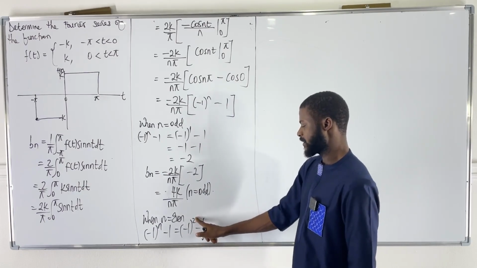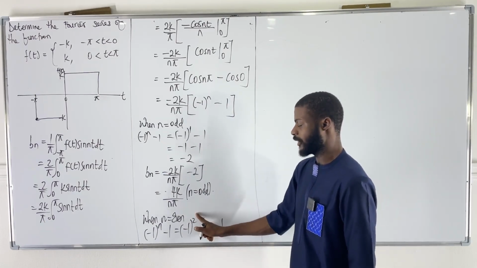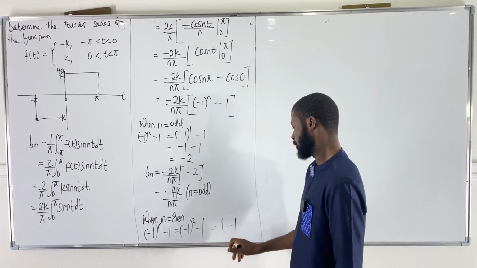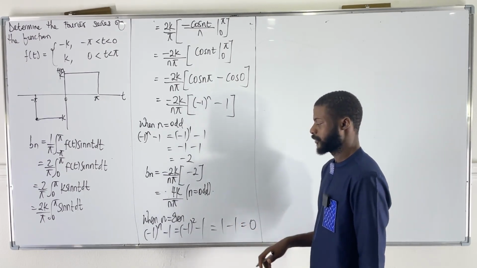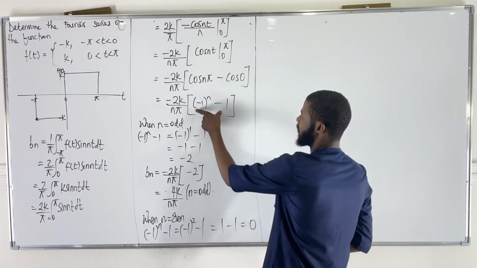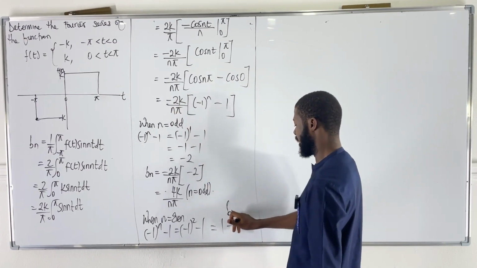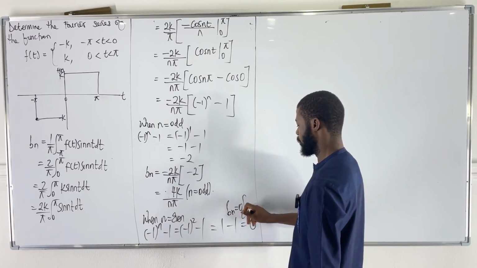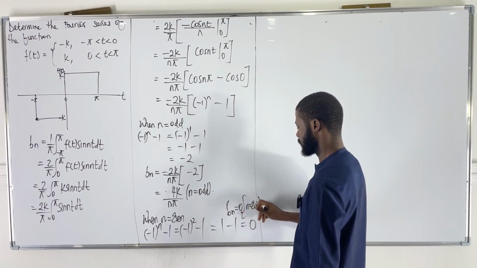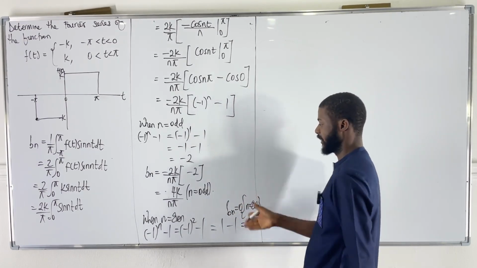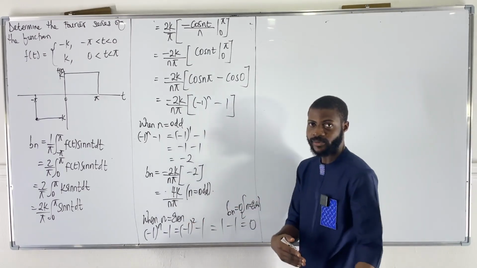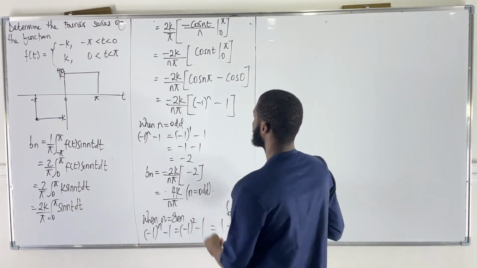So minus 1 squared is 1, because when you square a number, you get positive. 1 minus 1 is 0. So what does this tell us? This tells us that this bracket will be 0, and 0 times this will give me 0. So it means that b sub n is equal to 0 when n is even. So just throw that one away. That's why I said sometimes it will be 0, sometimes it will be a number.